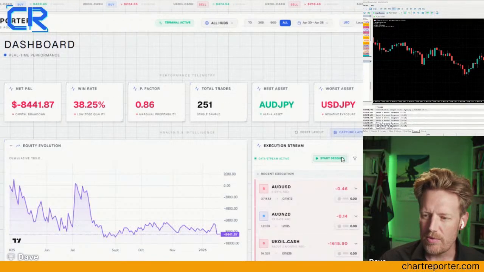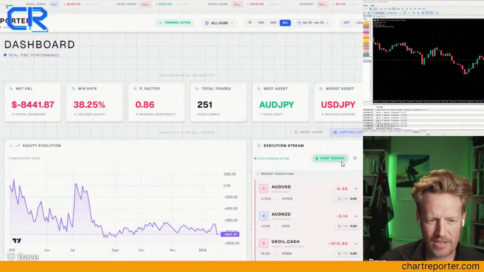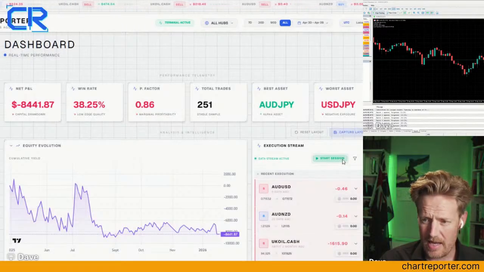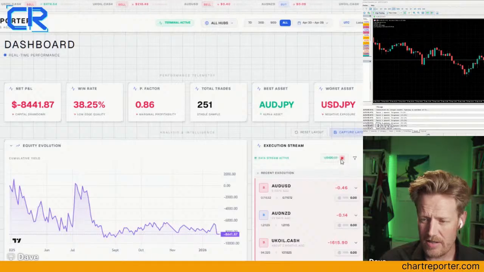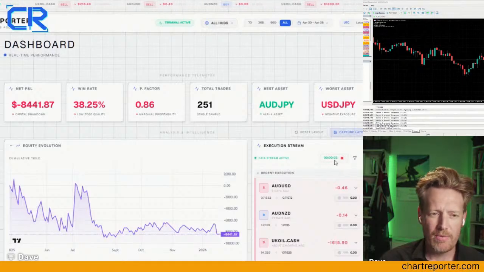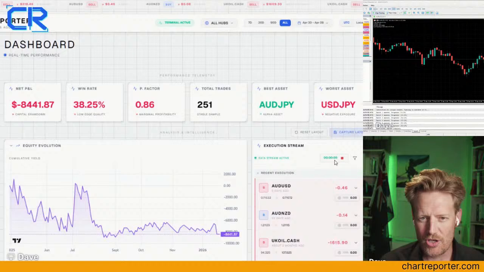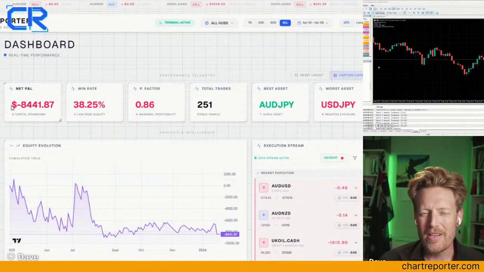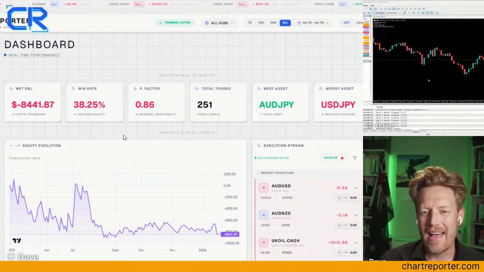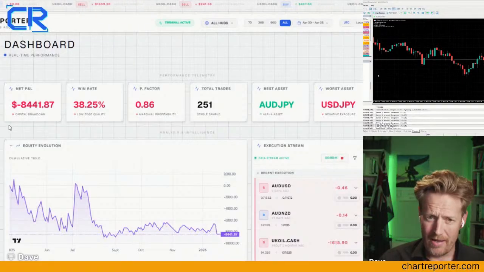So what we're going to do is capture this as a trading session. I'm going to hit the start session button. Now it's going to tag all the trades we make tonight in this session, so I can start reporting on individual sessions and see how we go.